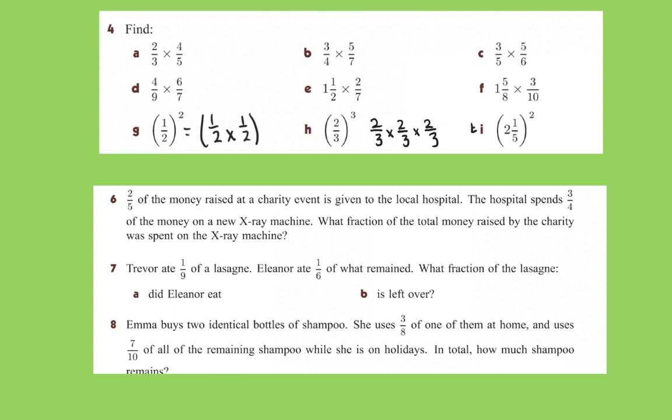And I'm going to put an E next to this one for an extension. I'm going to put an E next to 8 for an extension, and E next to 7 for an extension. Great work, guys. After this, we've finished fractions.